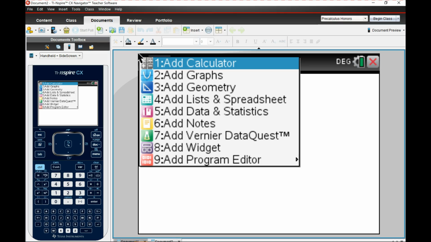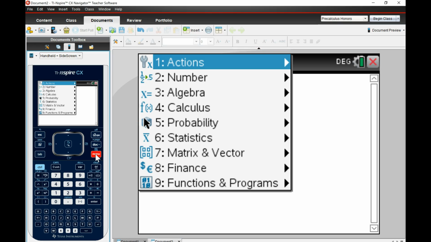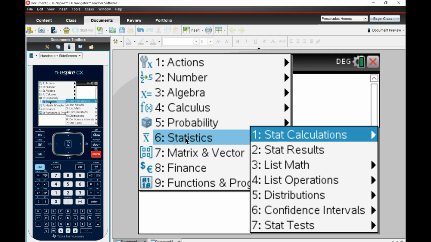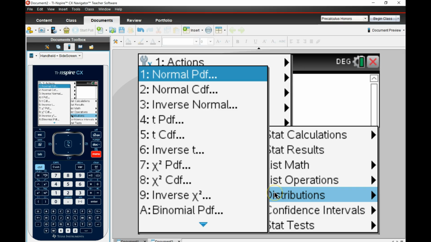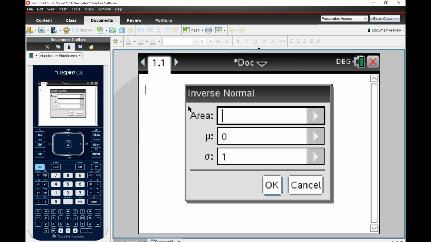So now what you do is go here in Add Calculator, just in a calculator. Menu, statistics, distributions, inverse normal. I'll write that down right now. So menu, statistics, inverse normal.